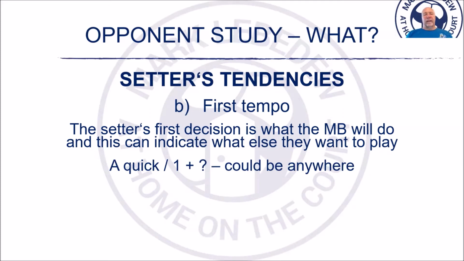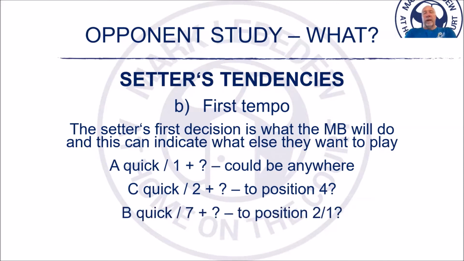So if the setter is playing a quick close to the middle of the court, then we can maybe think that they want to play anywhere. We see more pipes in this situation. We see more balls to position 4. We don't see this too often, but the quick behind the setter, we can sometimes see more balls to position 4.